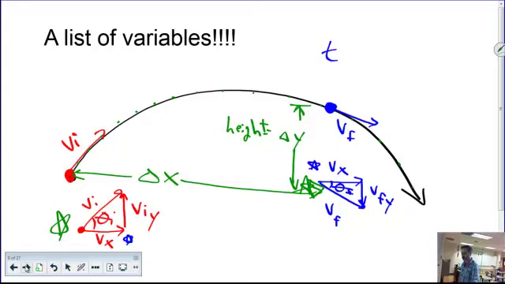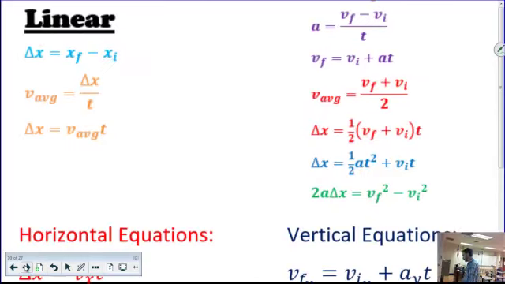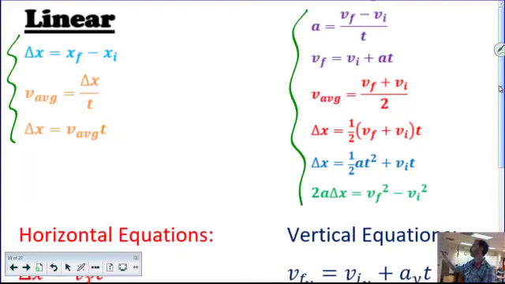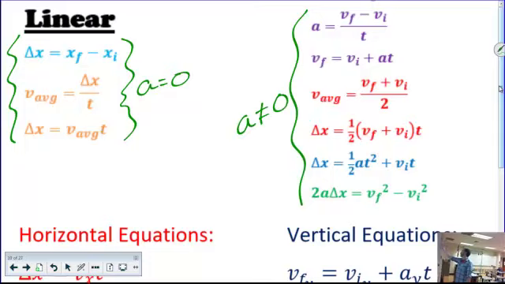Because of our rules, there's a clear set of equations that we're going to use. Way back at the beginning of the first chapter, we learned a whole list of different linear equations, and they're divided up this way for a reason. These were the equations that we used usually if the acceleration was 0. And these over here were the equations that we used if the acceleration was not 0.